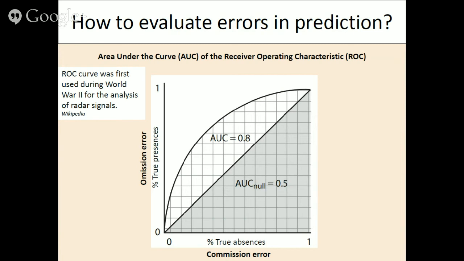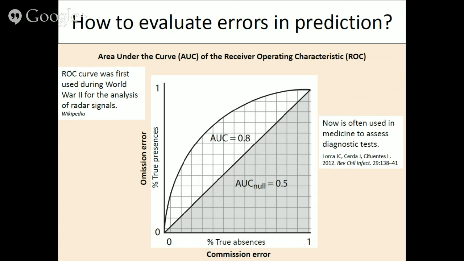So this was not developed for disease mapping, and currently it is often used in medicine to evaluate the performance of diagnostic tests, to establish how well they can predict the disease, and to establish the best threshold of the test if they are looking for sensitivity or specificity of the tests.